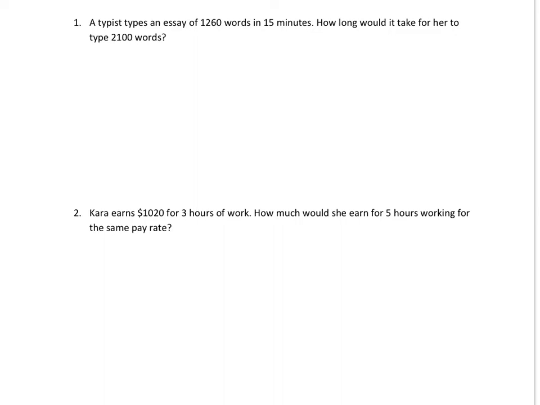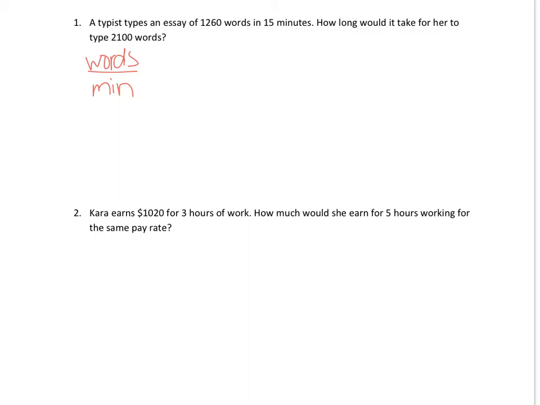So like I said, it doesn't matter if you want to put number of words over number of minutes, or if you want to put minutes over words, as long as you stay consistent on both sides of your proportion. So since words comes first, for this problem, we're going to represent this as words over minutes. And this is how we're going to represent this problem the entire time, okay? Both sides of the proportion.